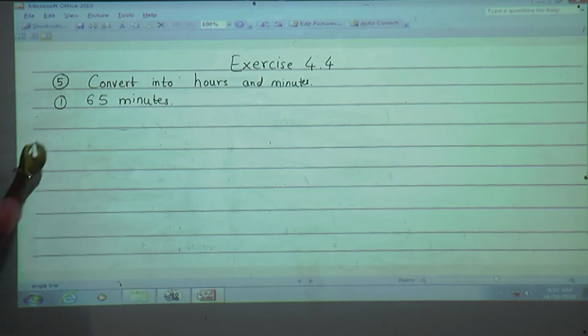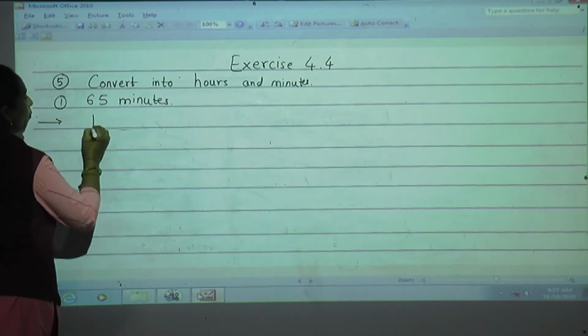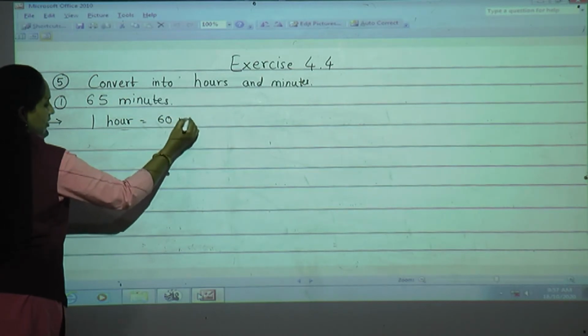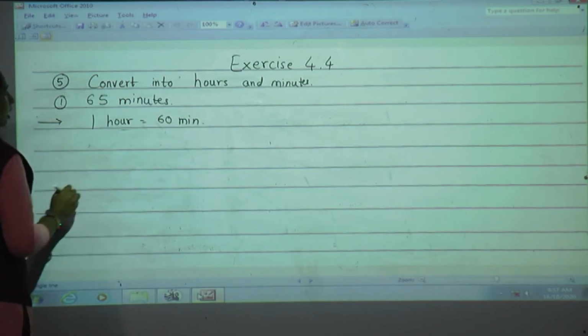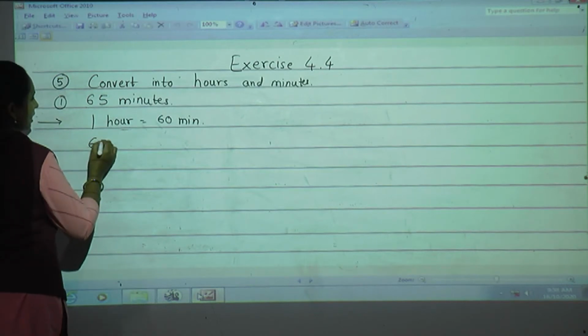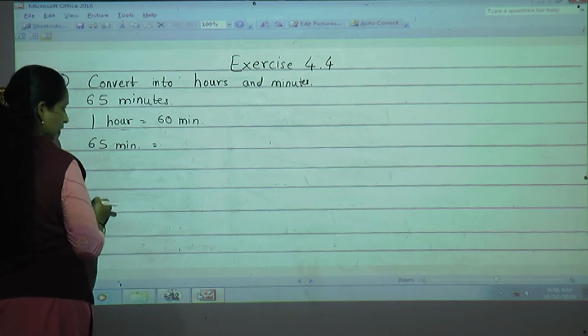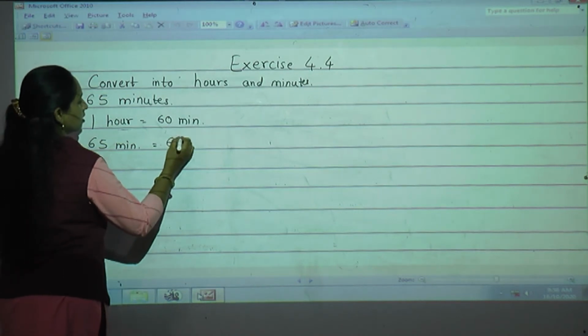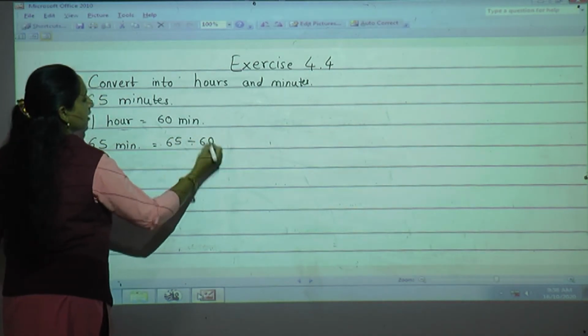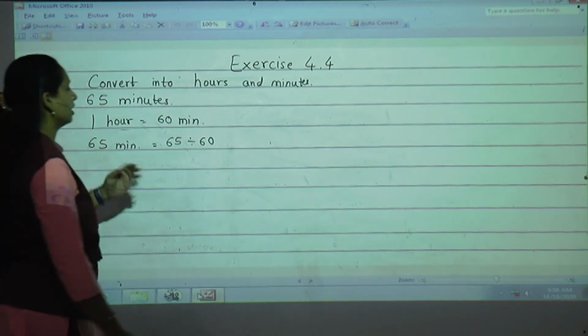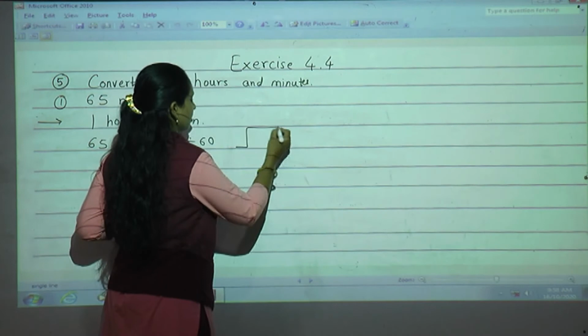See, you know that 1 hour is equals to 60 minutes. When you want to convert minutes into hours, 65 minutes is equals to 65 divided by 60. We have to divide by 60.